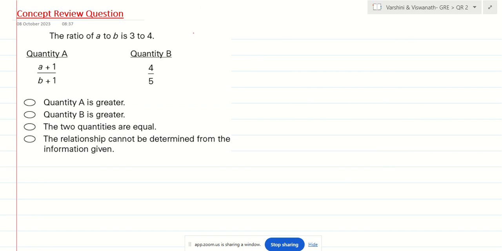Very nice. See here, what is given is a/b equals 3/4. So I must write it this way: a equals 3x and b equals 4x. I can equate with the multiplier; without the multiplier, I can't equate. So look at the quantity a: given here is a plus 1, which means (3x + 1) divided by (4x + 1).